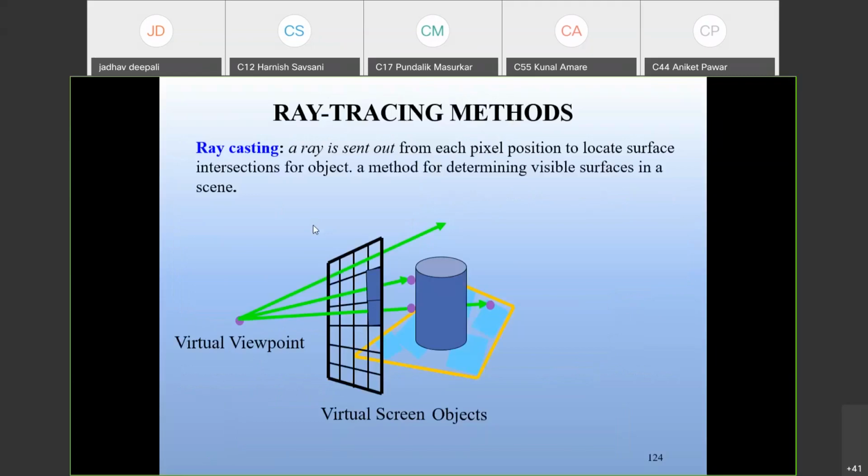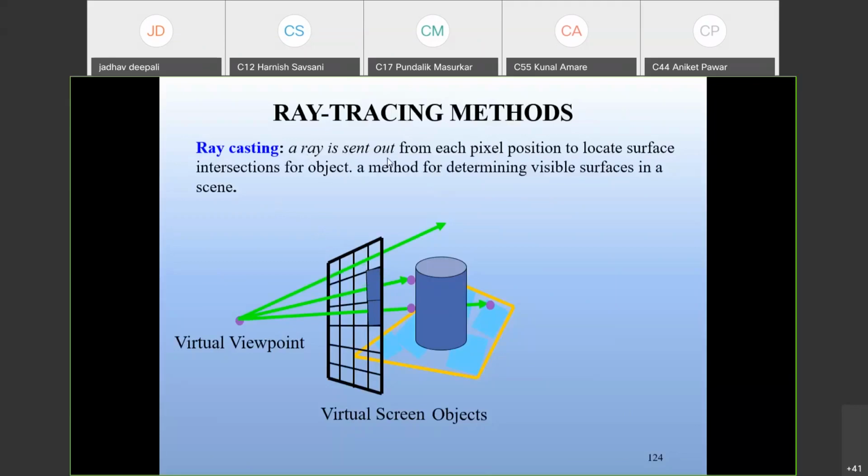Now the next, the last point, the ray tracing method. Ray tracing means, see here, it is shown in this diagram. A ray is sent out from each pixel. Suppose there are multiple pixels; these two pixels are shown here in blue.